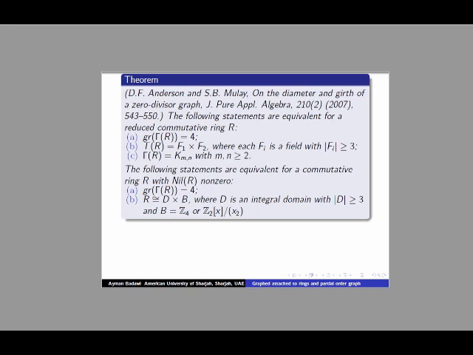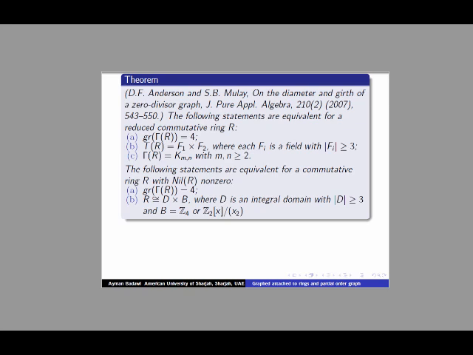Like Z8 is not reduced. Why? 2 cubed equals 0, 4 squared equals 0, right? In Z8. So Z8 is not reduced, whereas Z6, Z10, Z14, these are reduced.